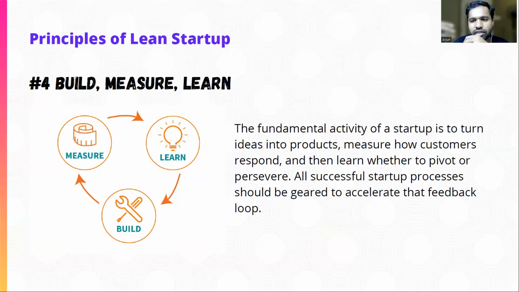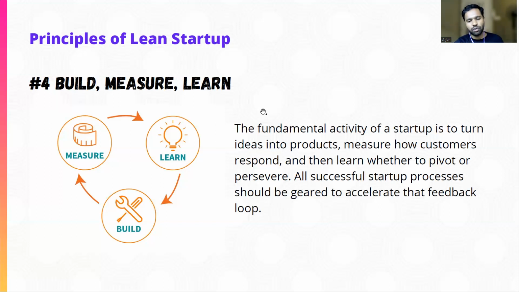In this process, they measure how the customers are responding to that product or service, and they learn whether to continue building the same product, or discard it and come up with a new idea or a new product and sell it. This is what we call pivot or persevere. The fundamental activity of a startup is to turn ideas into products, measure how customers respond, and then learn whether to pivot or persevere.